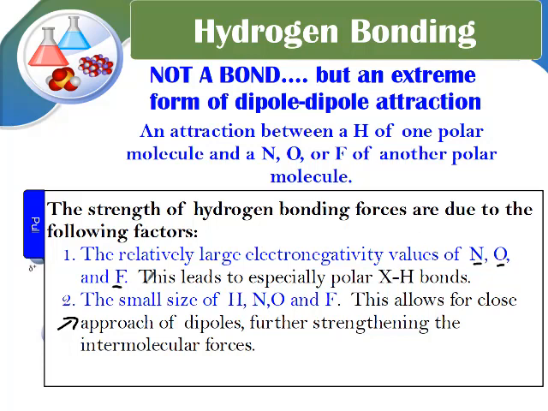N, O, and F are also very electronegative, which means that when they combine with hydrogen, it's going to make a very polar bond. So the two things that we said makes dipole-dipole attraction stronger, hydrogen bonds just are the extreme example of them. They're the smallest atoms and the most polar bonds.